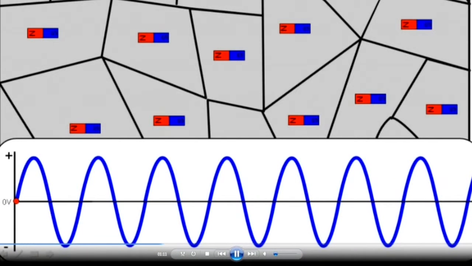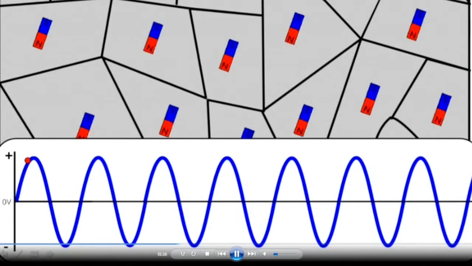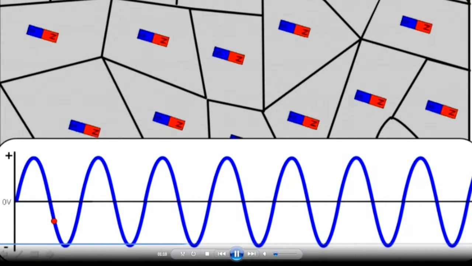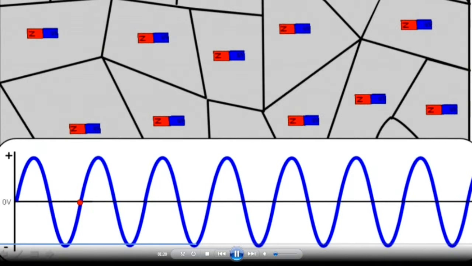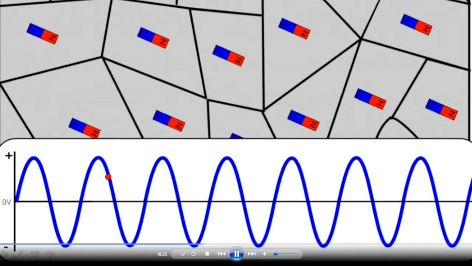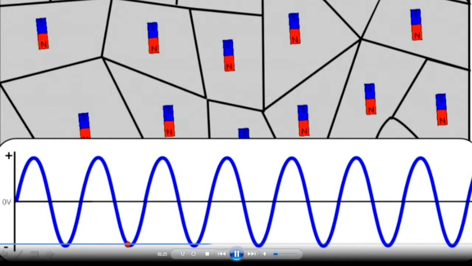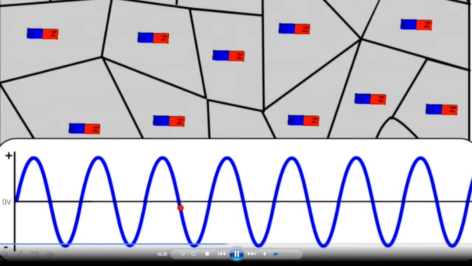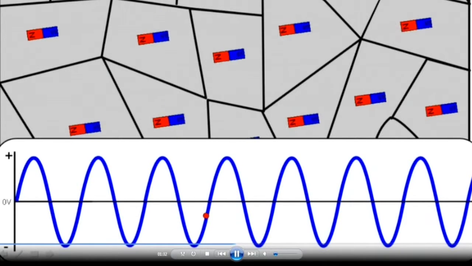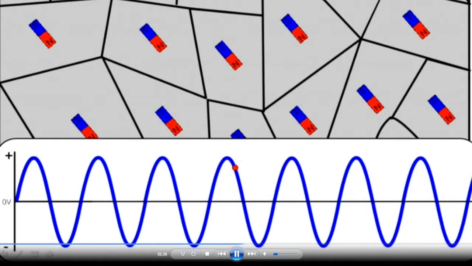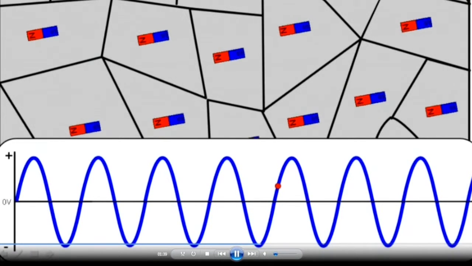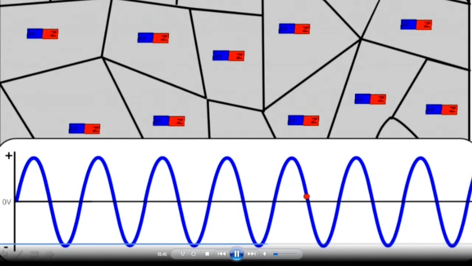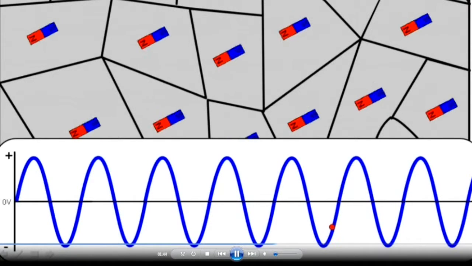When you put this on an alternating current, the AC current, the current moves up and down in the form of a wave, and the poles of the magnets keep on changing because the flow of electric current also occasions a magnetic effect around it. So you realize that the domains in those areas change as the current changes. This alternating current keeps on changing, and therefore it also makes the domains change.